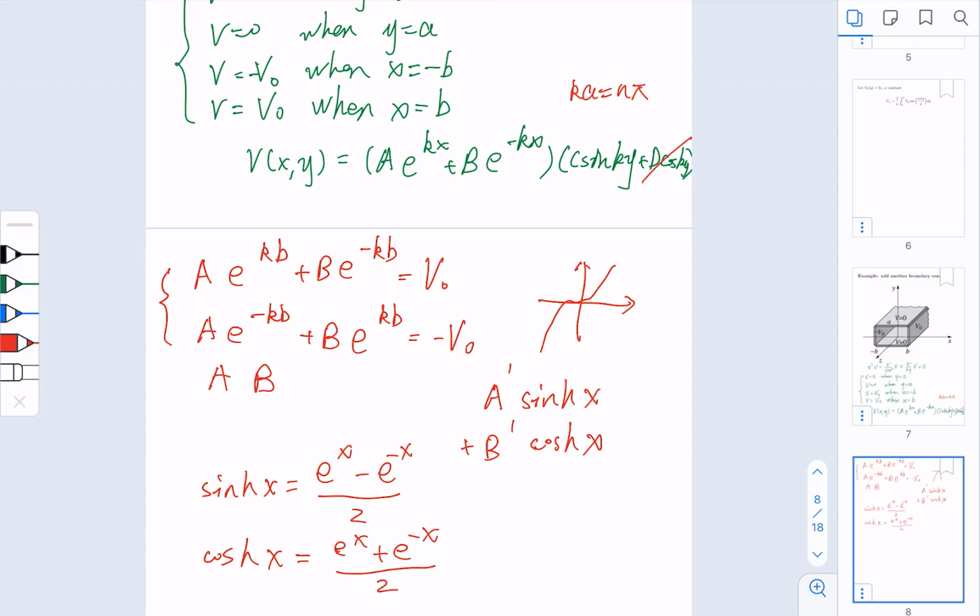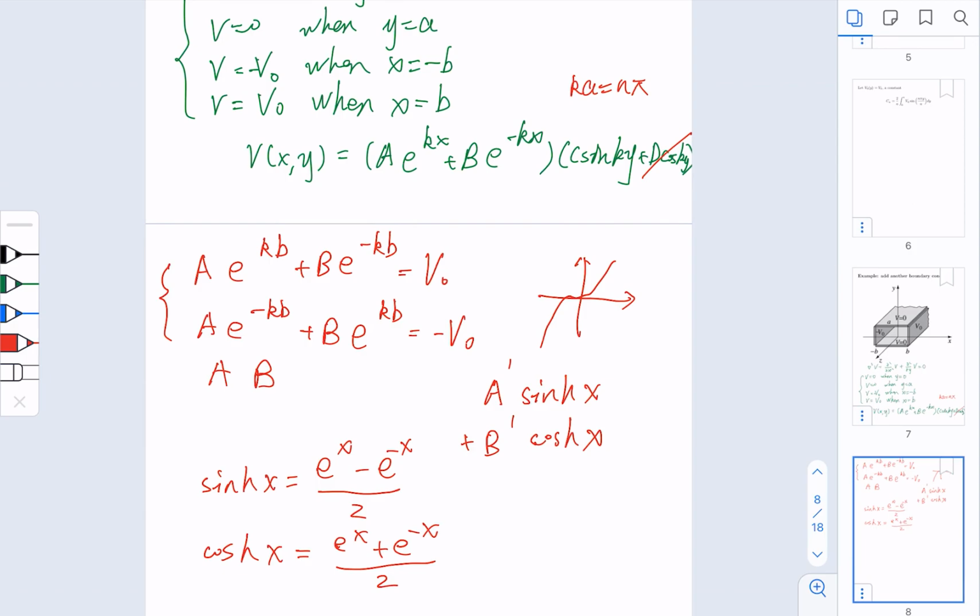And the cosh function is the hyperbolic cosine function, and this is the average of the decaying exponential and the increasing exponential.